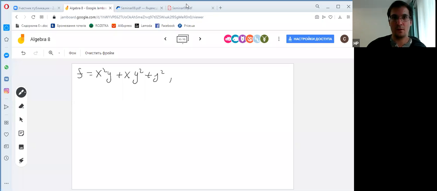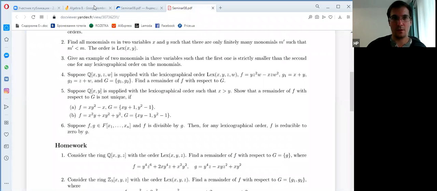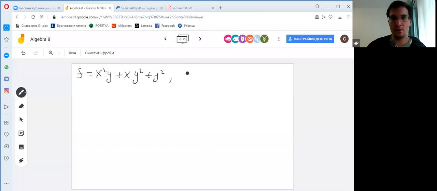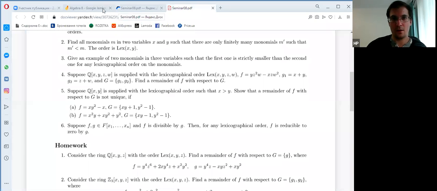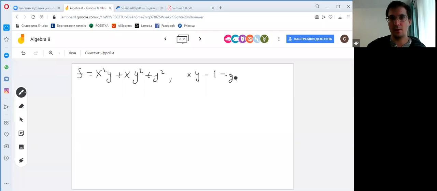And we have two polynomials, xy minus 1, this is g1, and a polynomial y squared minus 1, this is g2.